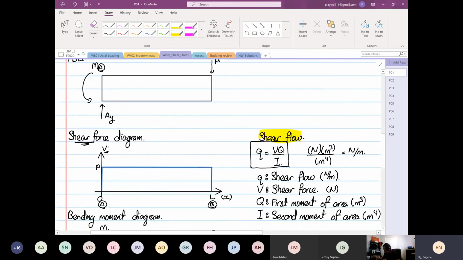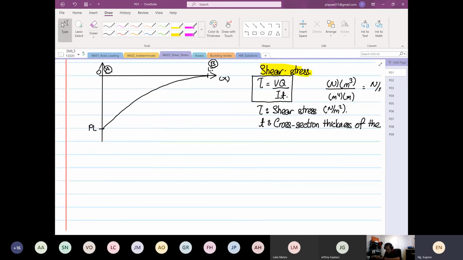So what we see now, I'm going to draw the failure by shear force. So now we are going to look at the deformation pattern.